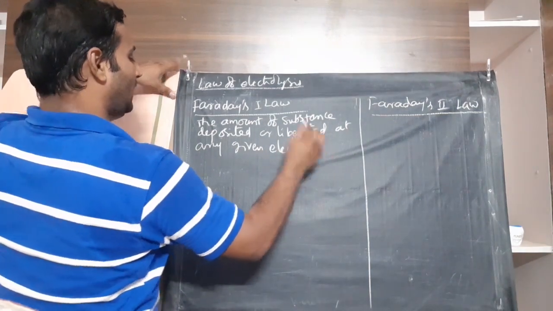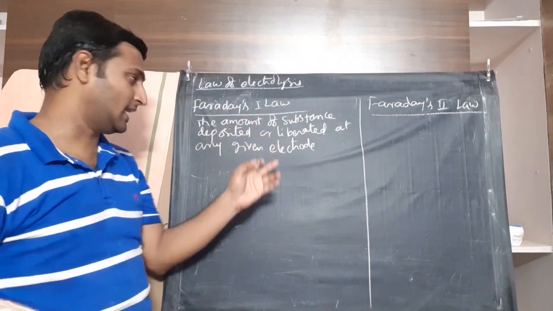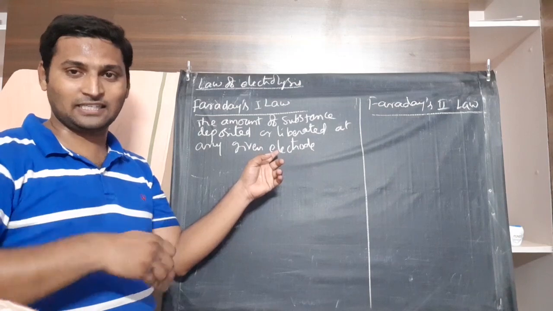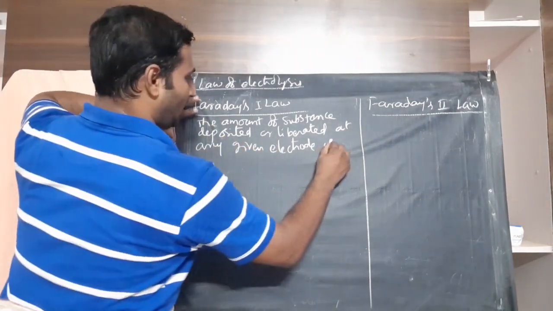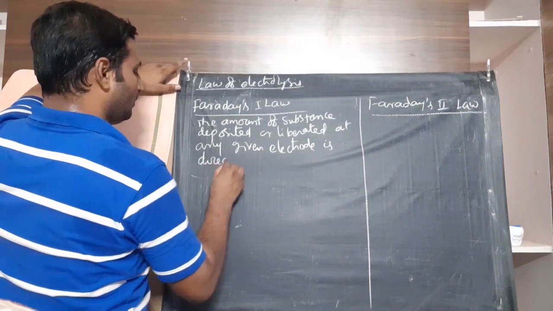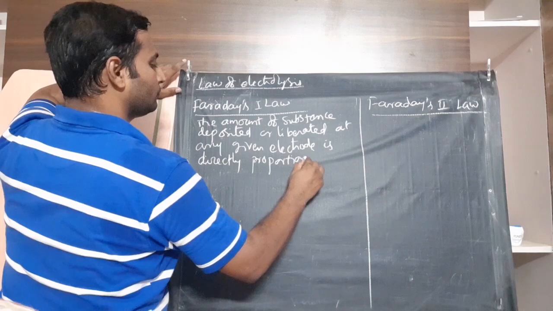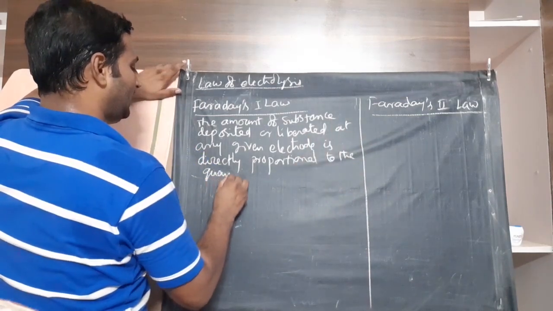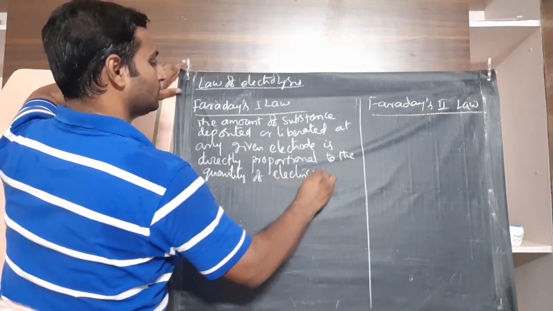Means, please understand, amount of substance deposited if it is solid, liberated if it is gas, at any given electrode. That means formed due to reduction if it is cathode, formed due to oxidation if it is anode. At any given electrode is directly proportional to the quantity of electricity passed.